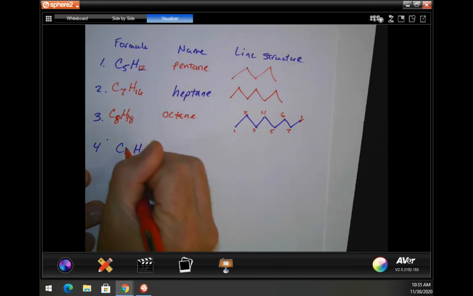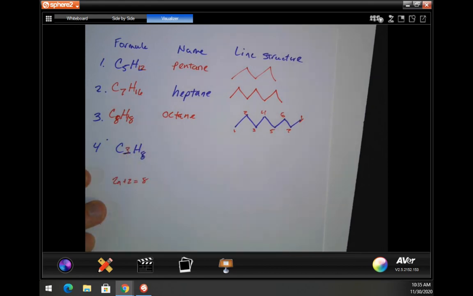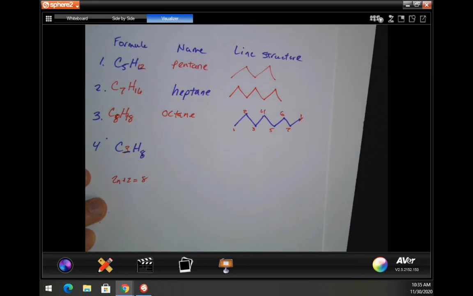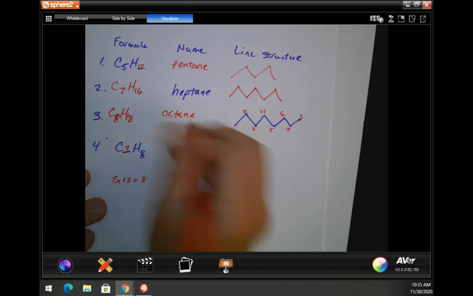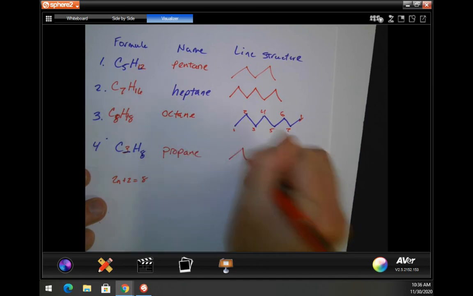So it's 3. If it was like H20, you know it's not going to be 10, it's going to be 9. Do you see my reasoning behind that? Okay, good. So in this case, 3 is going to be propane, and it's going to be that.